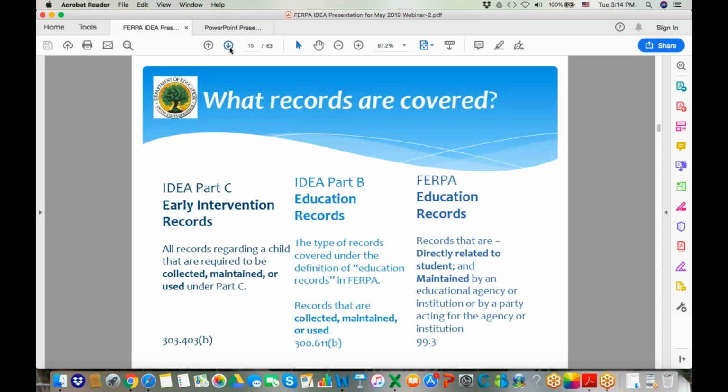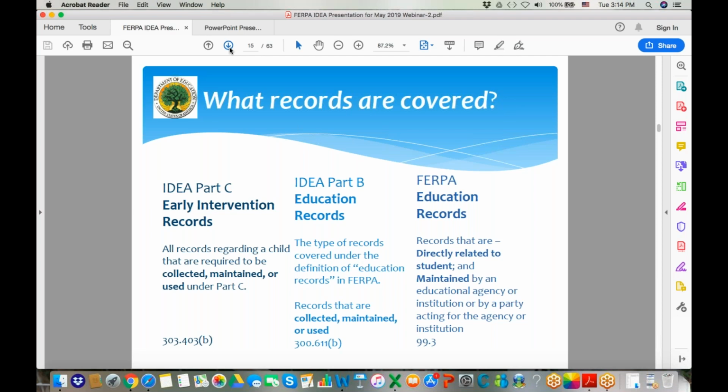And I'm going to talk about the FERPA side of things. Under FERPA, in terms of education records, there are really two basic caveats that they have to meet. Are the records directly related to a student, and are they maintained by the educational agency or institution? So it's a pretty broad definition, but it has that two-pronged caveat.